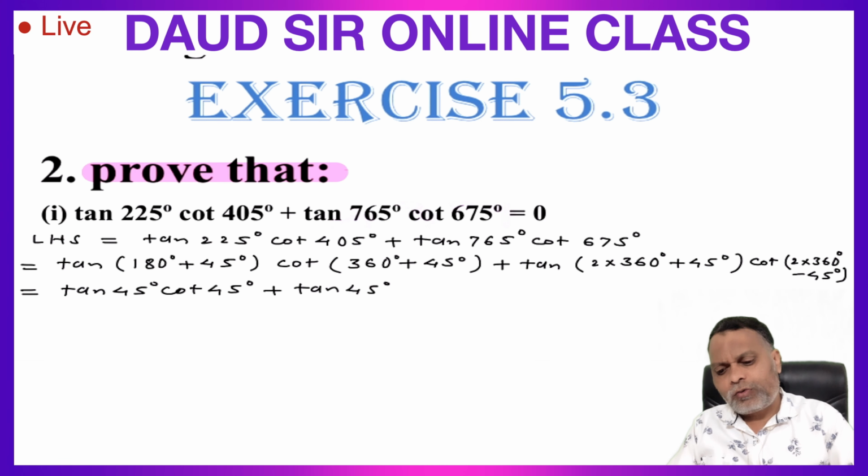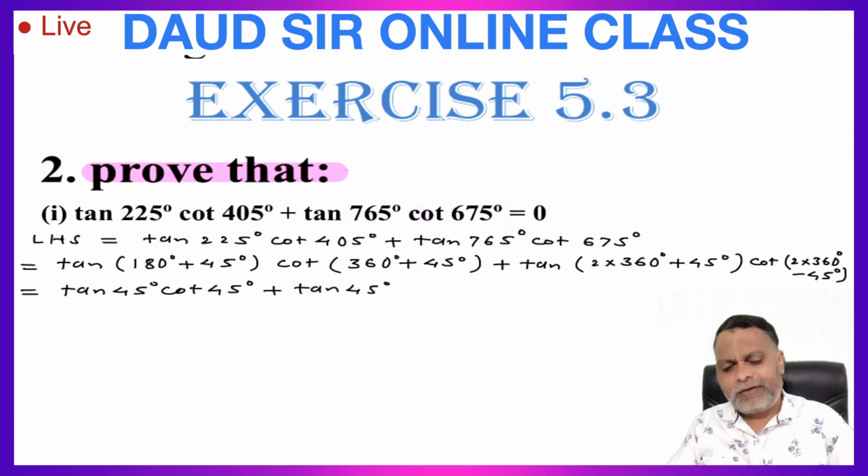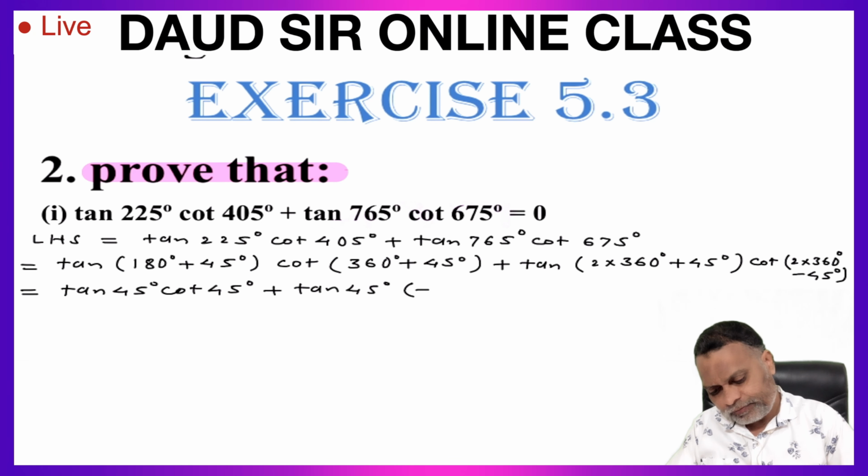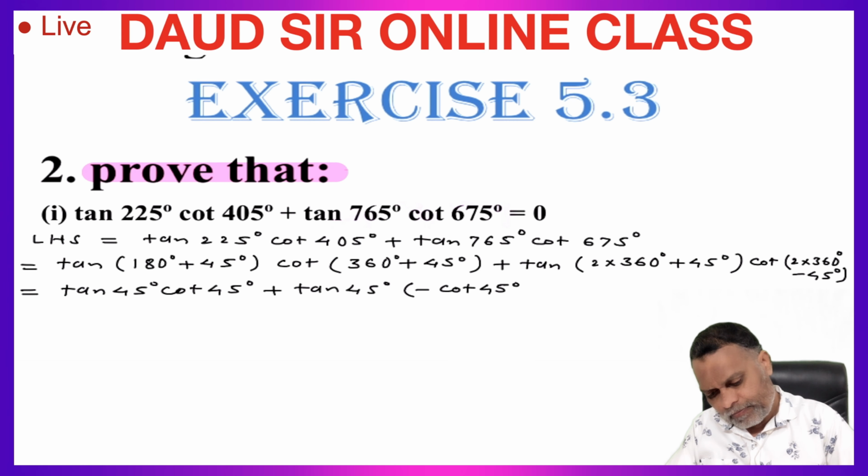Into cot 2 into 360 minus theta. This will be equivalent to 360 minus theta only. Here this 2 is the number of rotation. So 360 minus theta lies in fourth quadrant. In fourth quadrant, cot is negative. So this is minus sign. And in case of 360 degree, there is no change. So write minus cot 45 degree.